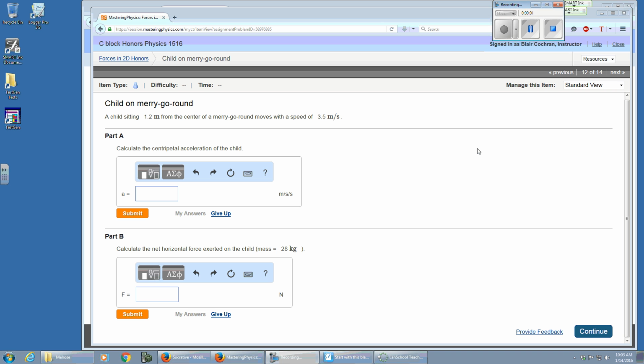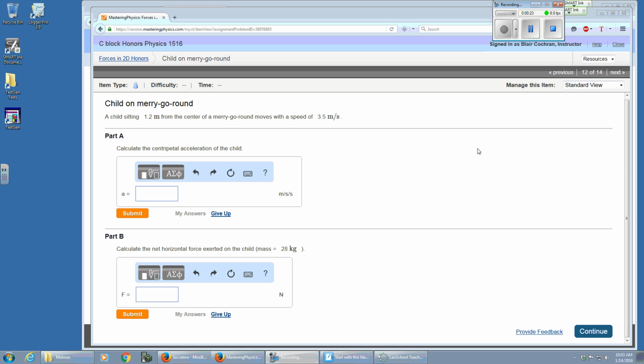Alrighty, so we're gonna start with child on merry-go-round, since that's the first one asked for. So we've got a child sitting on a merry-go-round that moves with this speed.